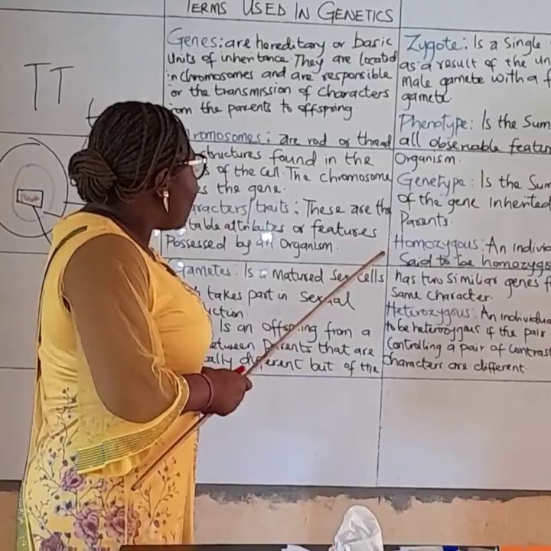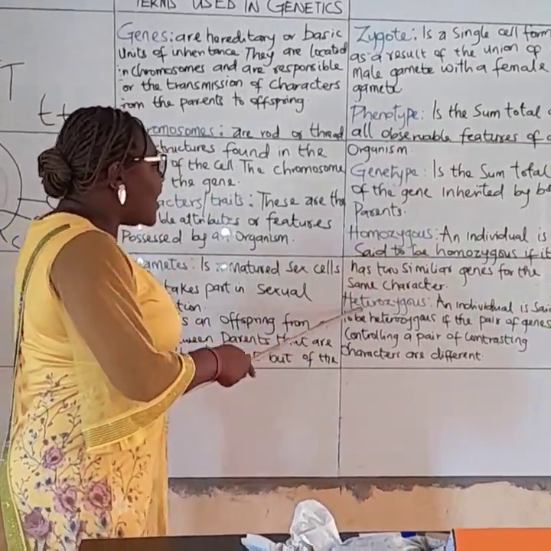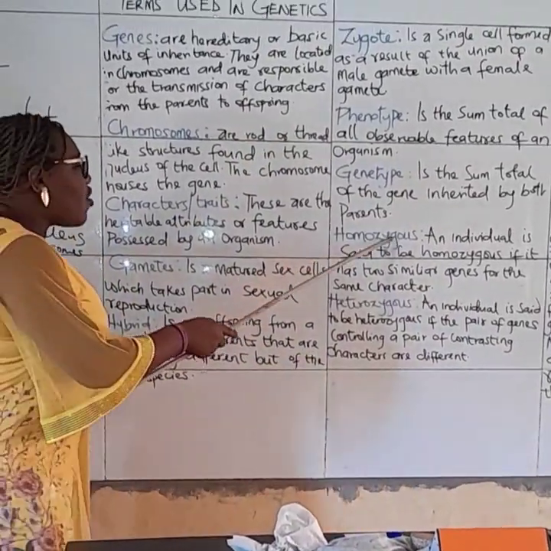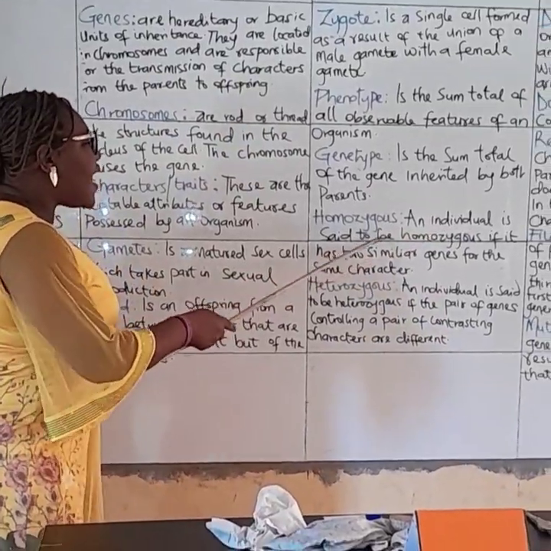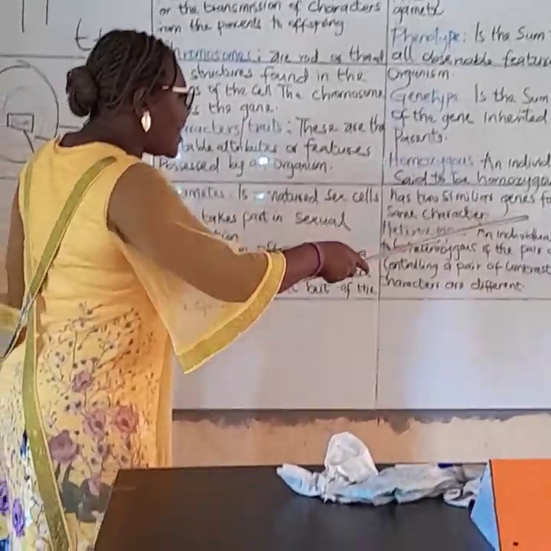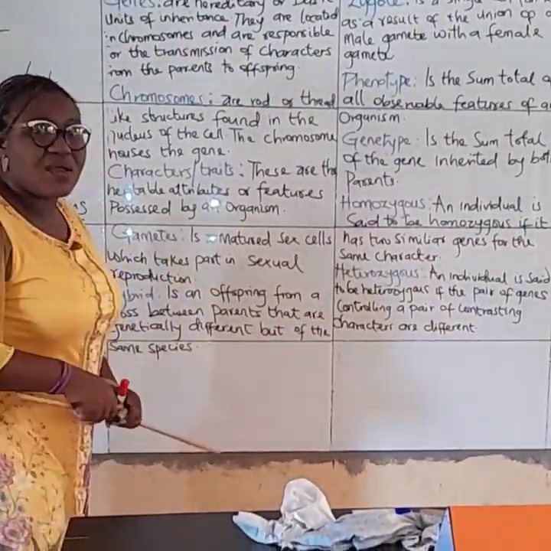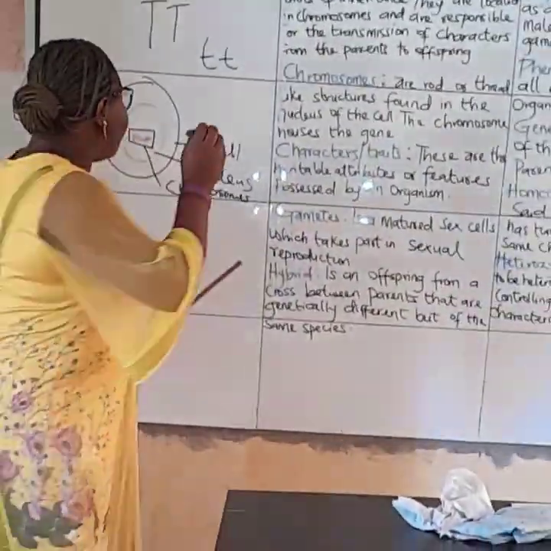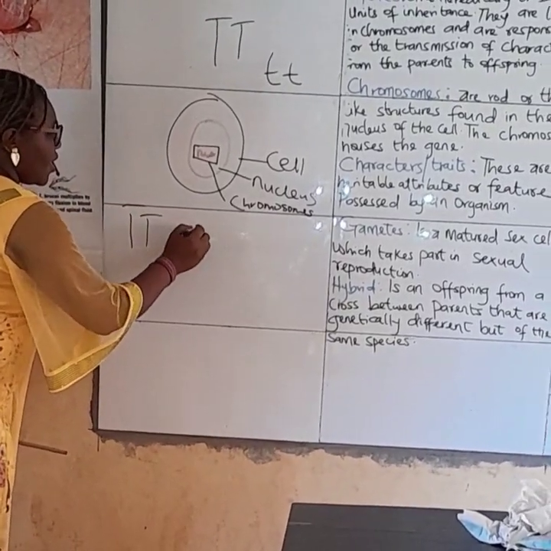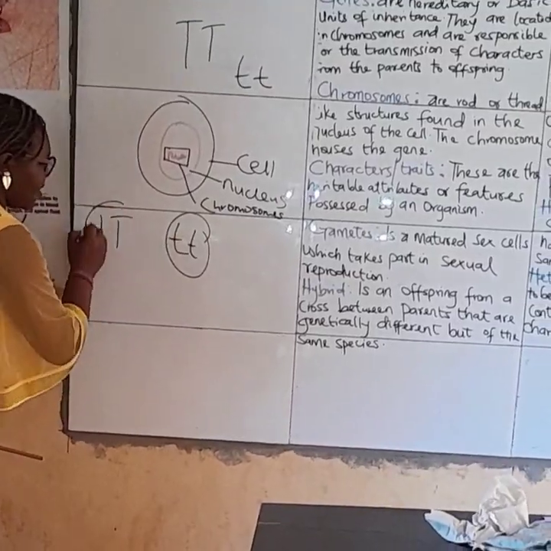Phenotype. Let me talk about homozygous and heterozygous before I come over to phenotype. Homozygous: an individual is said to be homozygous if they have two similar genes for the same character. Two similar genes can be capital TT and the small tt, having two similar genes.